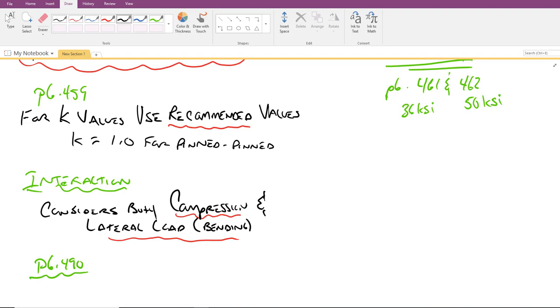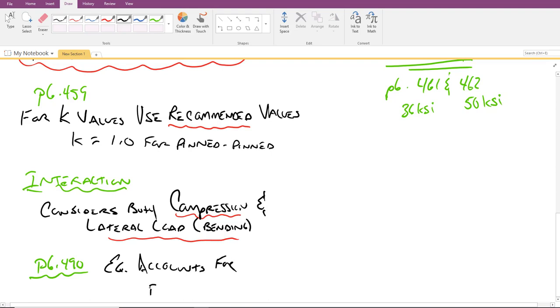It's got quite a few parameters in there, but generally speaking, we're looking at the actual compressive stress divided by the allowable, and the actual bending stress divided by the allowable bending stress. This particular equation splits the bending stress into a strong axis and a weak axis and has you account for that.